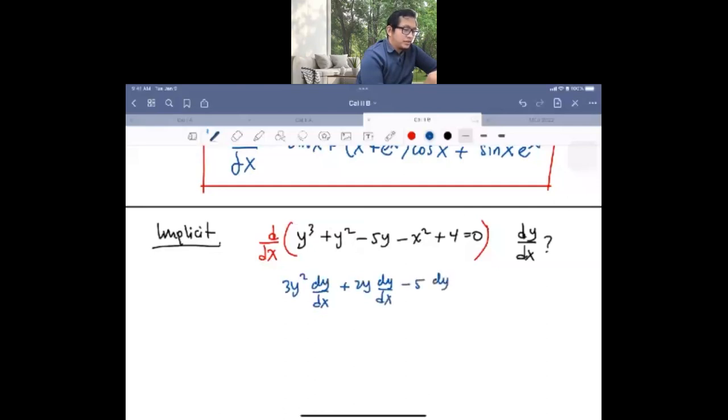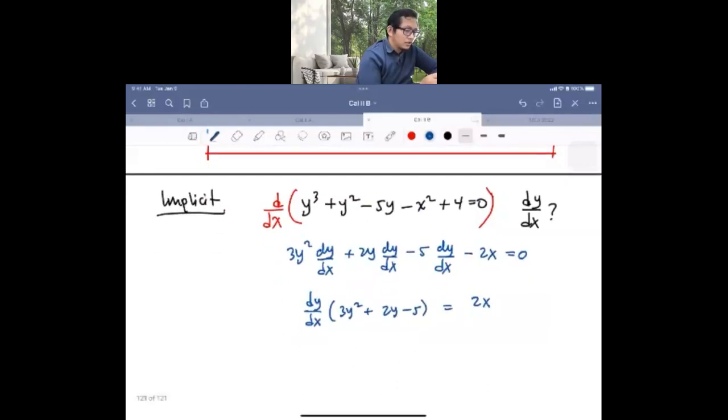And 5 dy over dx minus 2x equals 0. And then we are grouping this dy over dx. And then we get dy over dx is equal, okay, we get this.